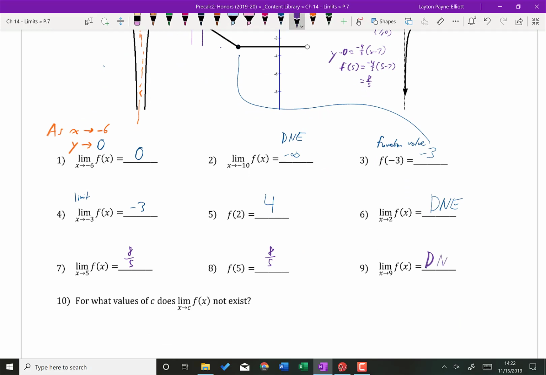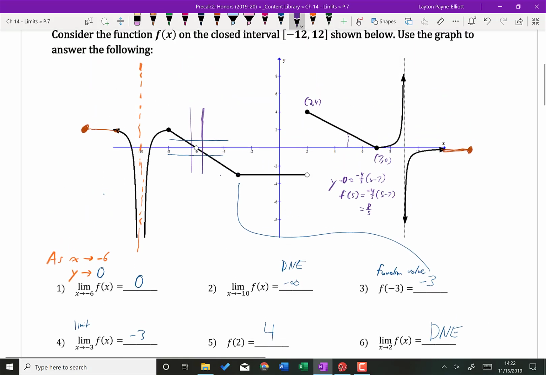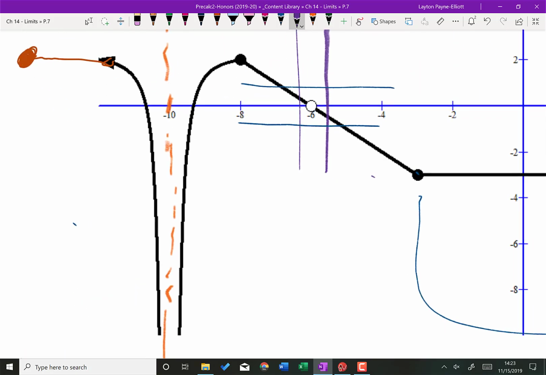Could you explain how on number 2 does not exist and infinity both suffice? On number 2, you mean as x approaches negative 10? Yeah. Sure. There is no limit in that at negative 10 we're not approaching a point. So a limit itself is defined as a barrier. It's a point that you never cross.